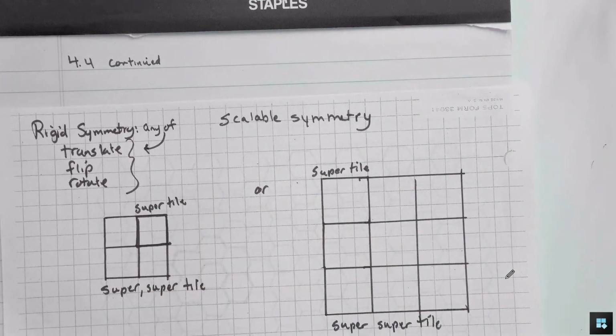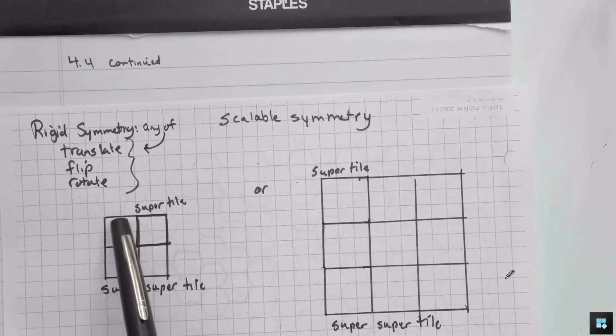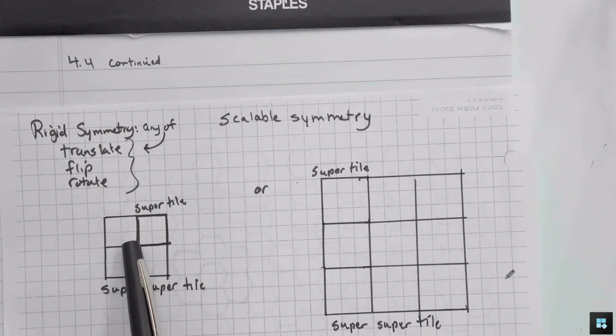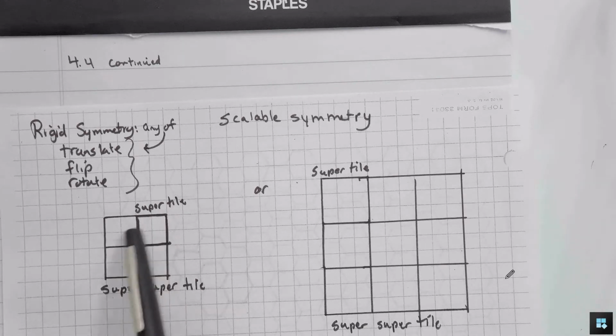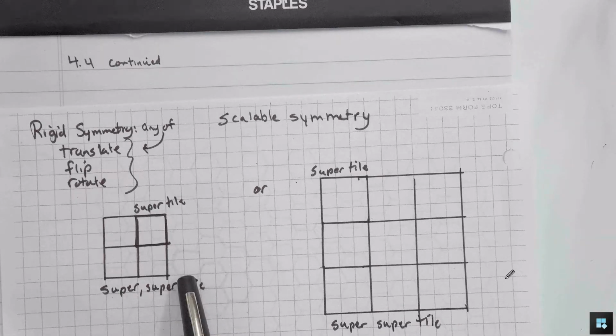Scalable symmetry, on the other hand, you would need to be able to put tiles together to make the exact same shape and tile the plane in that way. So here we could put 4 tiles together in what your author calls a super tile. And if you put 4 of those together, you make a super tile, and you can keep going like that. So you can make 4 of these together for a total of 64 little tiles and have super tiles.